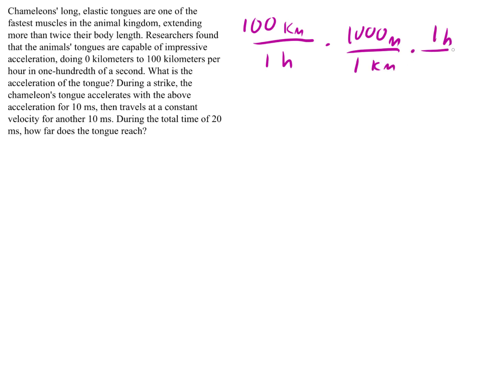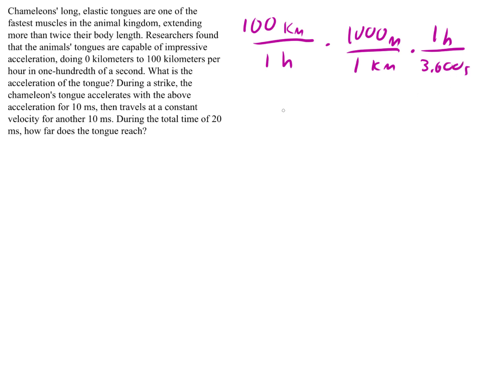So let's start by converting some units, because we can't use kilometers per hour. We have to convert it to the standard unit of meters per second for velocity. So let's quickly do the conversions. 100 kilometers per hour times 1,000 meters per kilometer times 1 hour every 3,600 seconds.